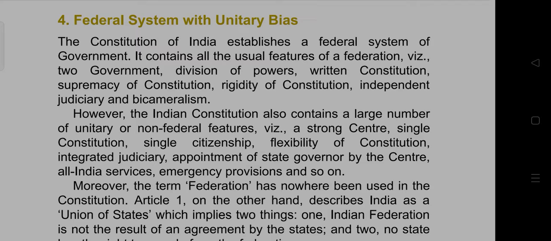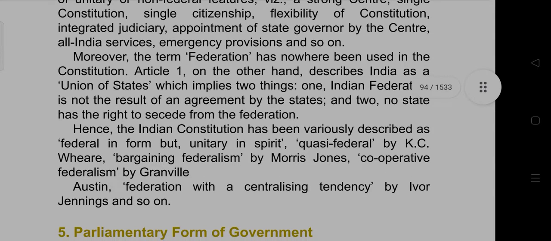However, the Indian Constitution also contains a large number of unitary or non-federal features, with a strong center, single constitution, single citizenship, flexibility of constitution, integrated judiciary, appointment of state governor by center, all India services, emergency provisions, and so on. Moreover, the term federation has nowhere been used in the Constitution.